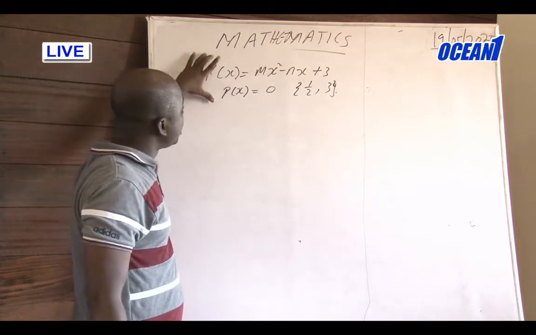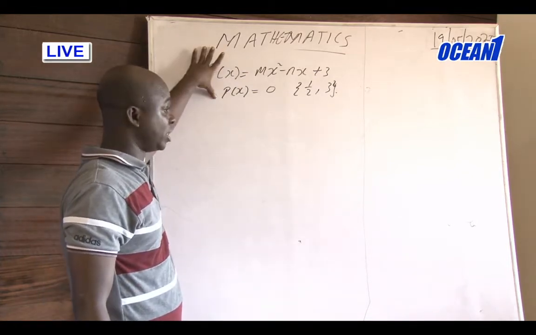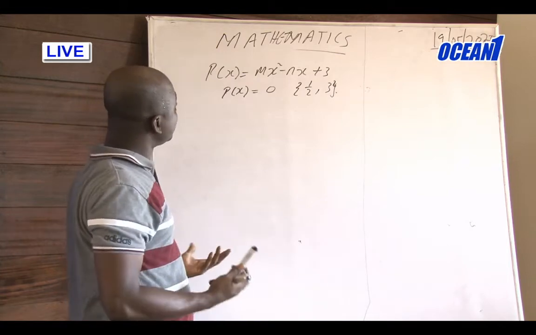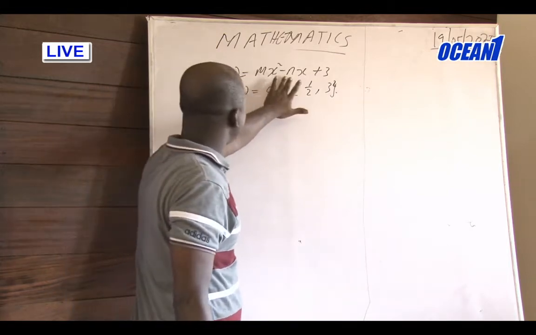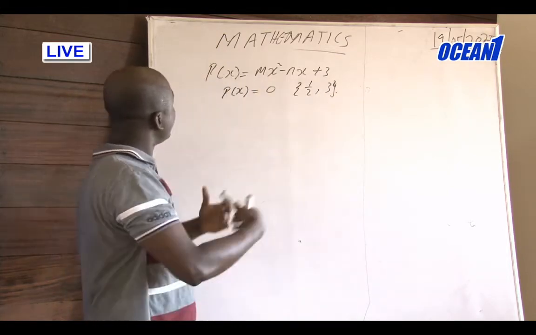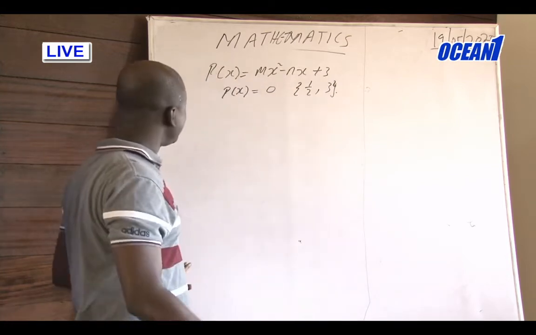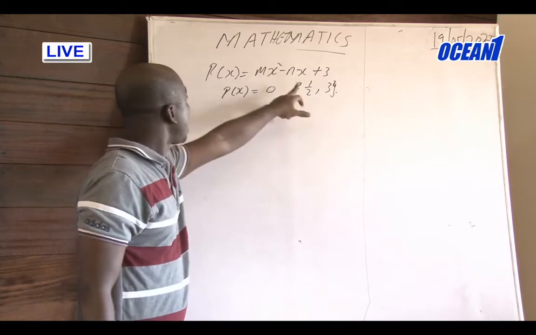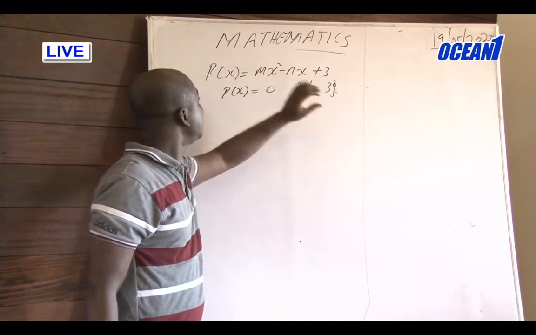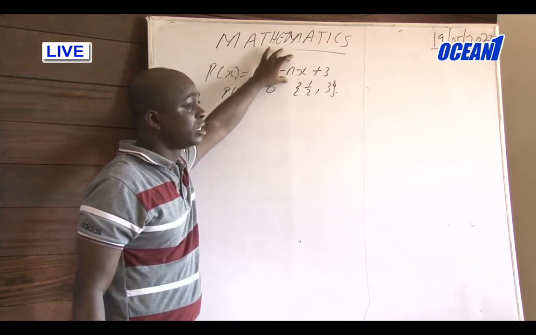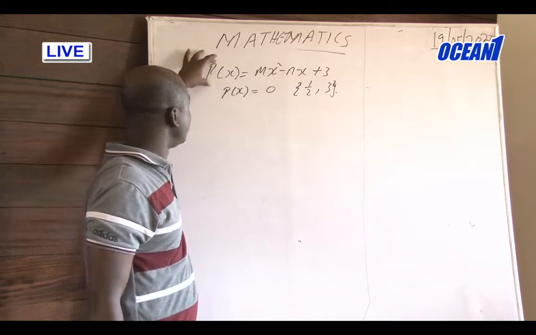It's very important to know what to do when you read the question. Having finished reading this question, I found that I have two variables, m and n. And fortunately for me, I also have two values in here. In simple terms, the question is saying that this half and this 3 satisfy this equation when the p of x is replaced with 0.